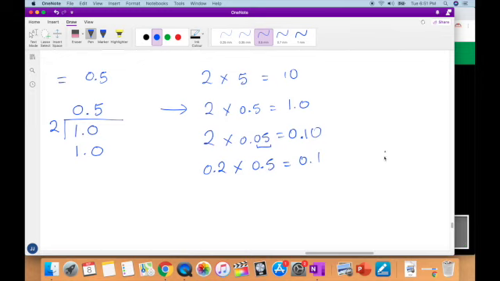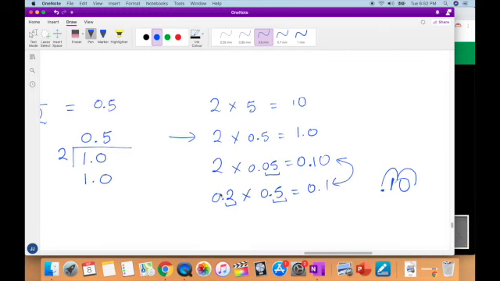So 5 2s are 10, right? And then you check to see how many decimal places you have in the question. I have 1 over here and I have 1 over here. So that's 2 decimal places. So I'll go 1, 2, put the point there. So it's 0.1. These two are actually the same, right? So everybody understands how to multiply these decimals in terms of the decimal spaces.